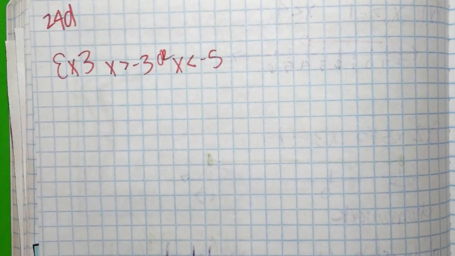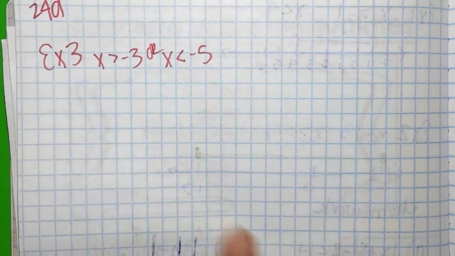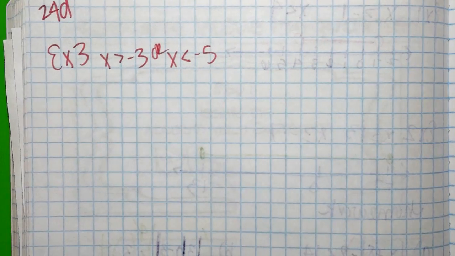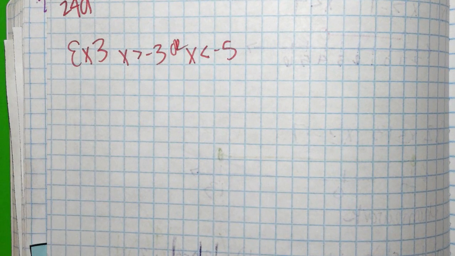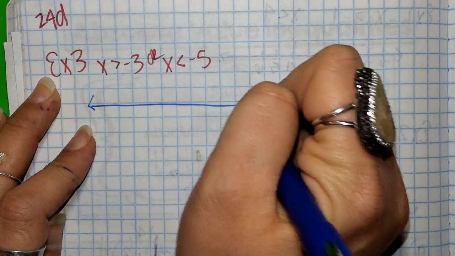It said it at the top. It said it was an OR. So do OR graphs connect or go opposite ways? Opposite ways. So our graph should go opposite ways. Great. OR means OR, children.